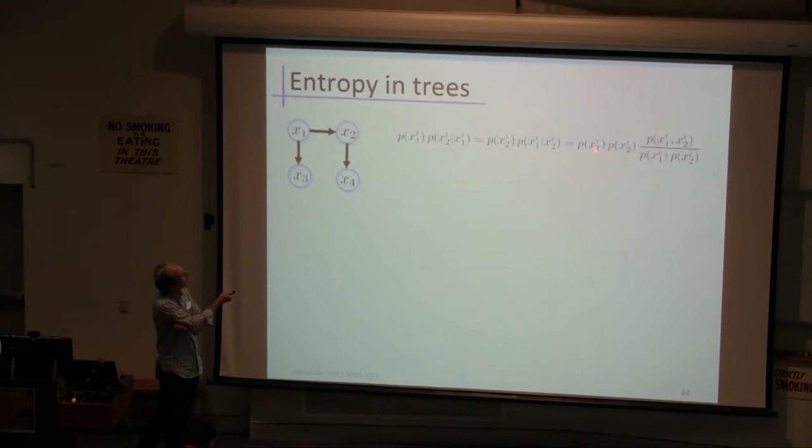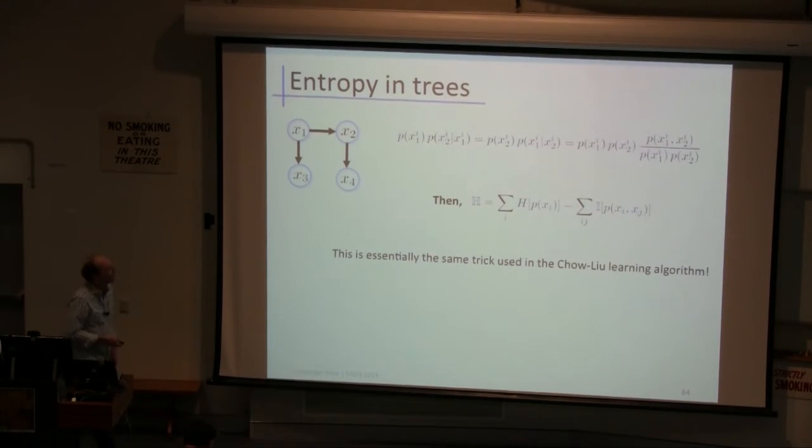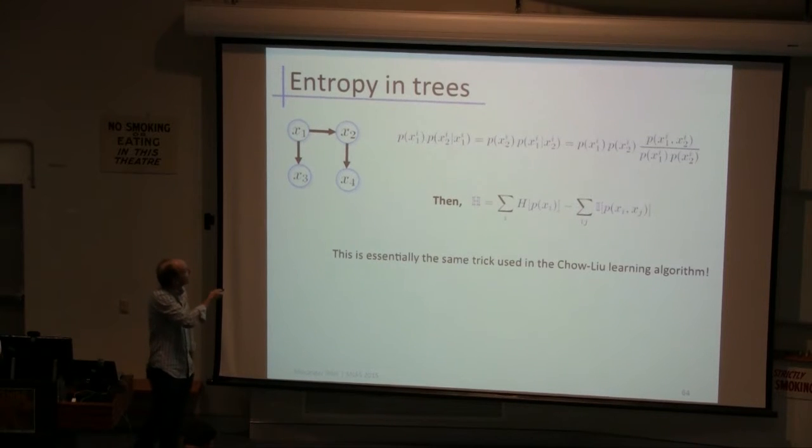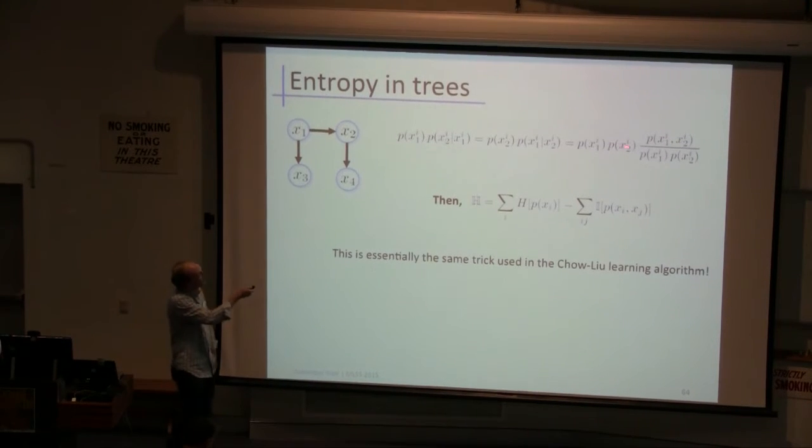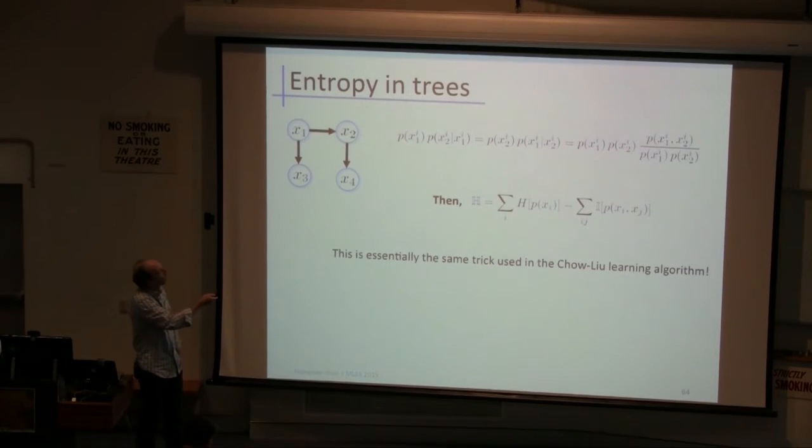And then if I make it a symmetric form, I can write the product of their individual marginals times this mutual information-like form. So then the entropy of this system actually has exactly this Bethe form. If I take the expectation of log of this probability, the entropy of this form, I'm going to get an entropy of x1, an entropy of x2, and then this mutual information term here.